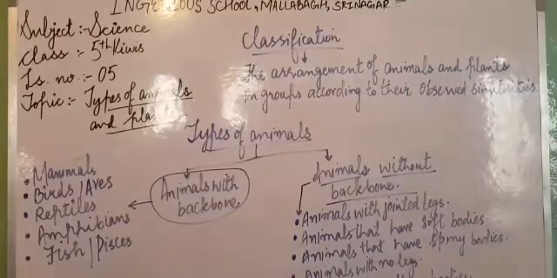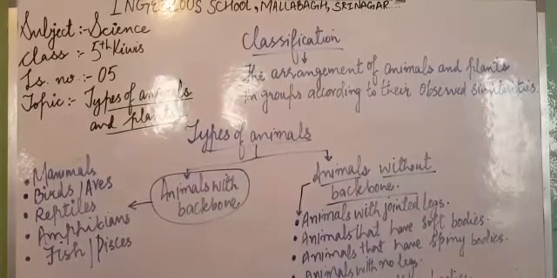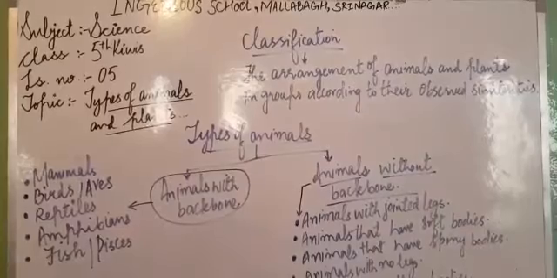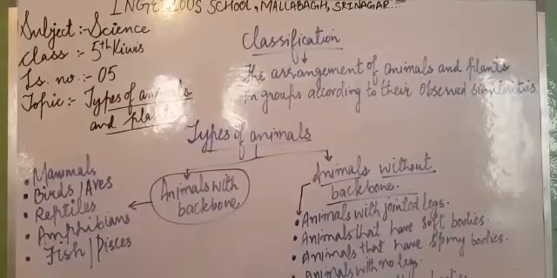If it is hot outside, they go to colder places, somewhere in the shade, and rest there to keep their body cold. So reptiles have this feature that they can change their body temperature as per the temperature outside. Got it?